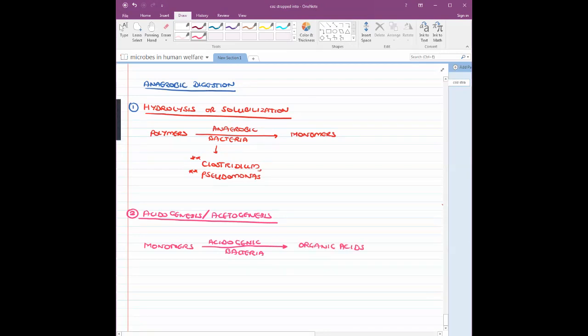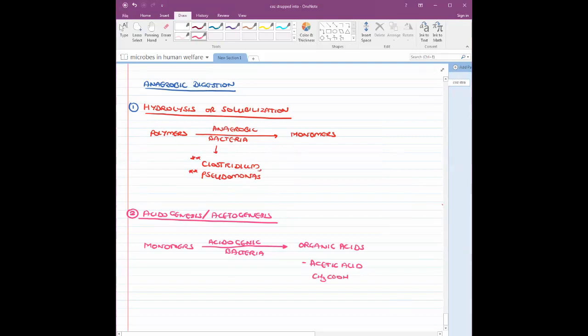And especially when we talk about organic acid, guys, what are we talking about? We are talking about acetic acid, CH3COOH. This is going to be your acetic acid.